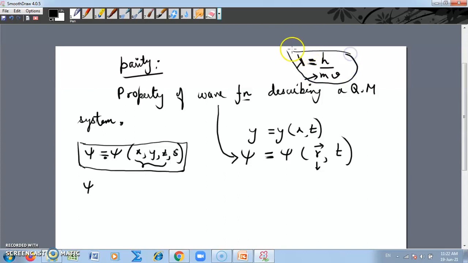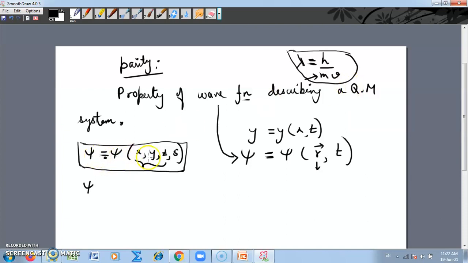Obviously this idea of wave-particle duality would be applicable only in the very small world where m is very small, and obviously the nucleus is a very small world where the masses are very small. So that's why we are talking about these quantum mechanical properties.